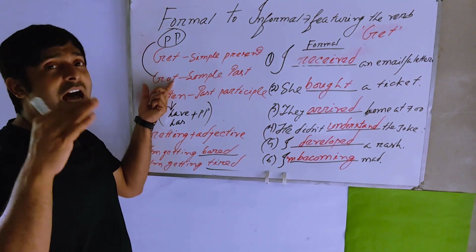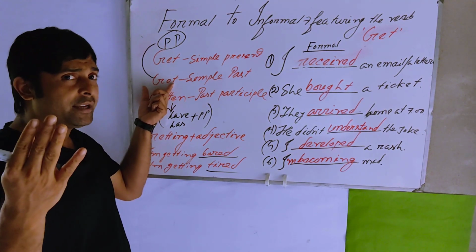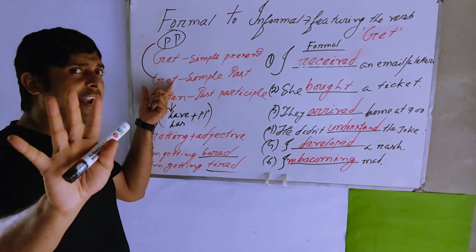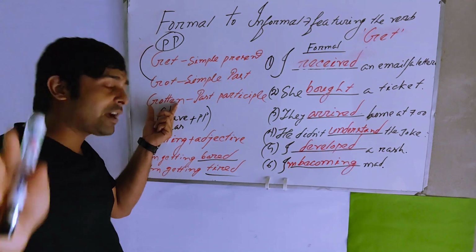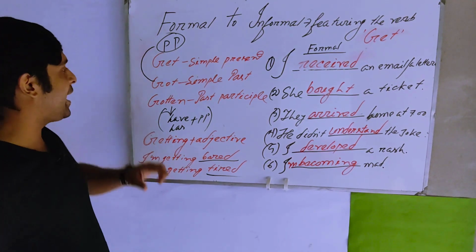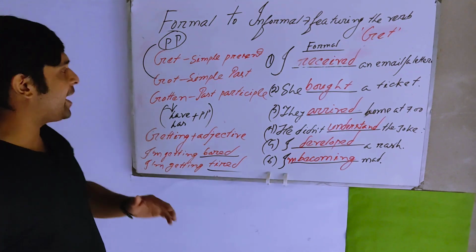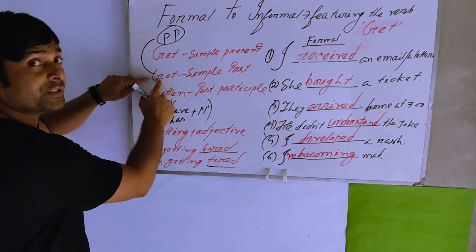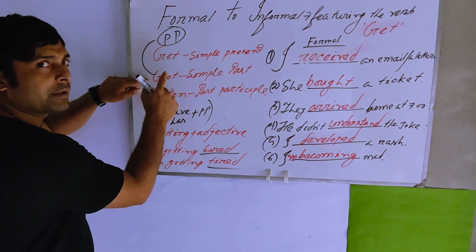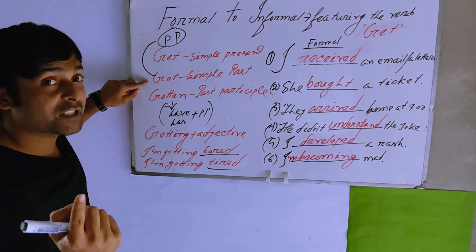I've got, or I have got tired, that is also correct. I've gotten is also correct. But the difference is that got may be used in two ways, as the past form and as the past participle form.